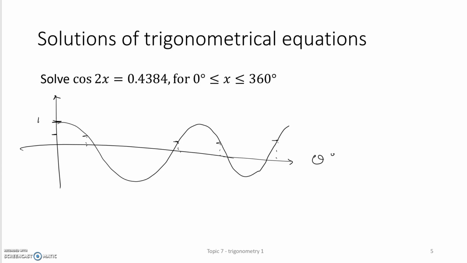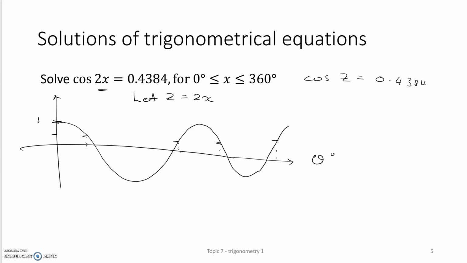And in this kind of question, where you've got something like that, it's better to make a substitution. So let's, because then we can write cos z equals 0.4384.